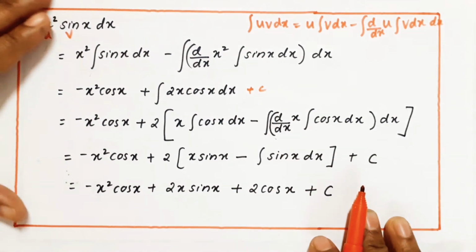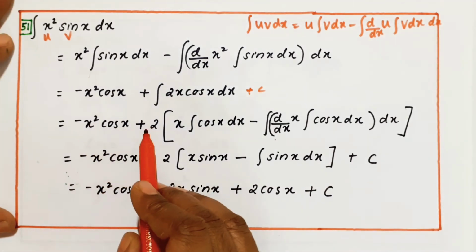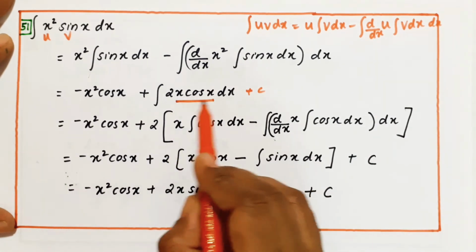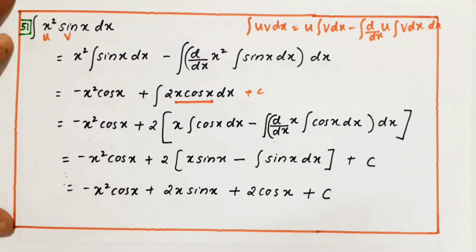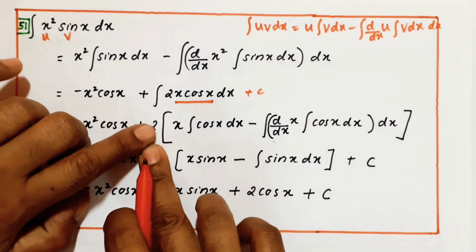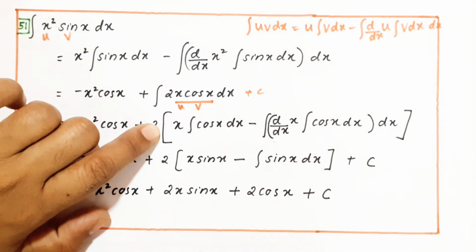Next step. Minus x square cos x plus. If you check this one, again it's in the form of uv rule, x into cos x. Again it's in the form of the product rule. So what we should do is, I have taken the 2 out and again I am using u and v again.